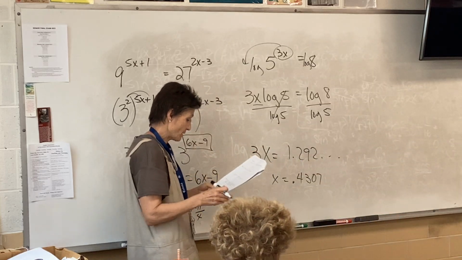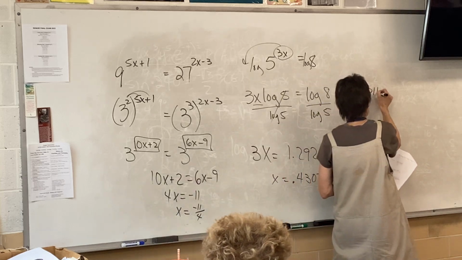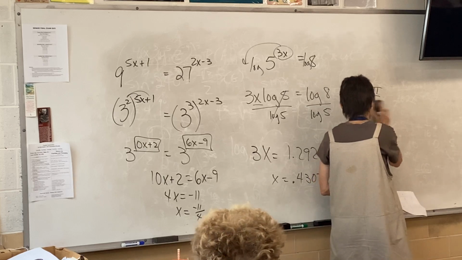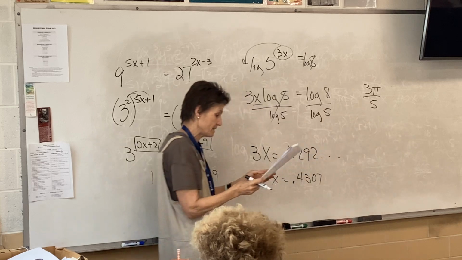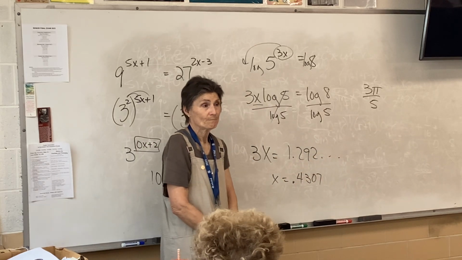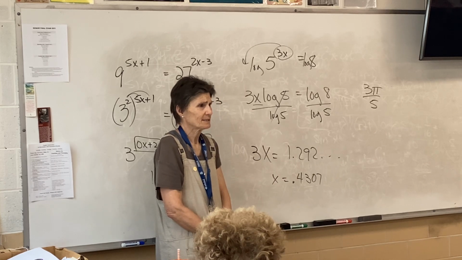All right, so now we're back to problem 6, which is not a calculator problem. It says how many degrees is this? Do you remember how to do that? This is so easy.